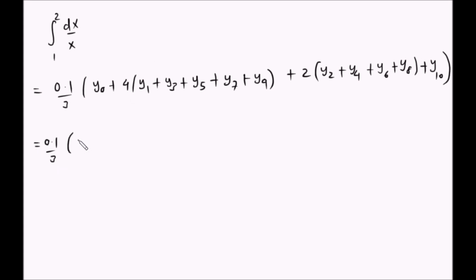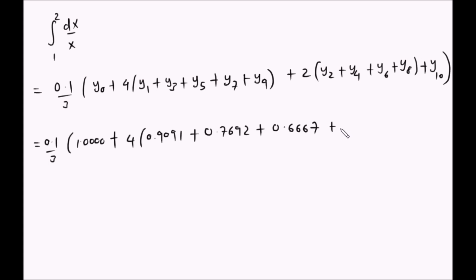So y0 is 1.0000 plus 4 times: y1 is 0.9091 plus y3 is 0.7692 plus y5 is 0.6667. You can just rewind your video and check the table.